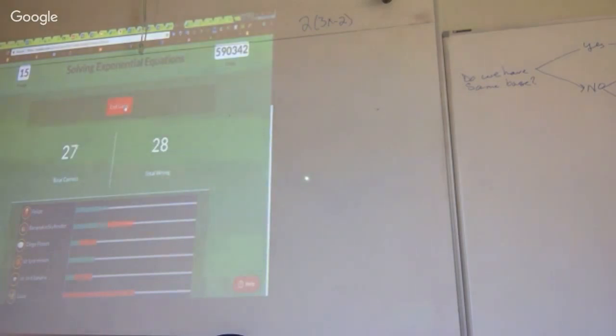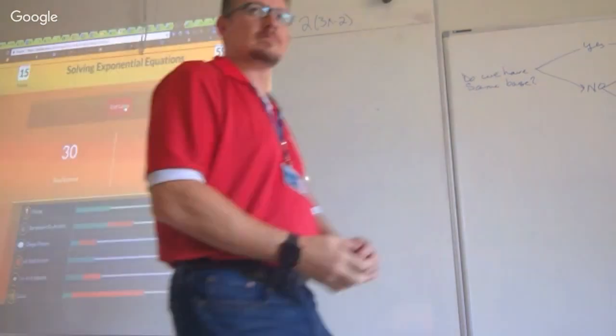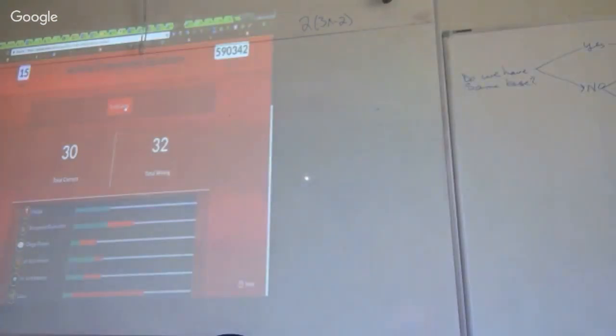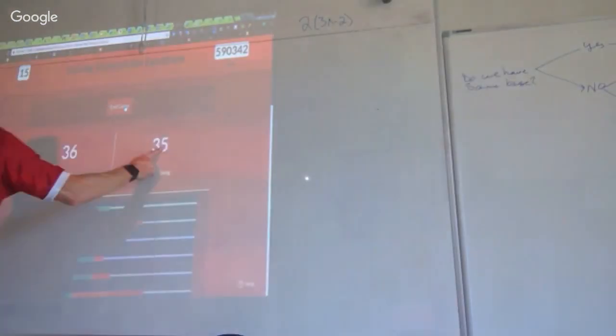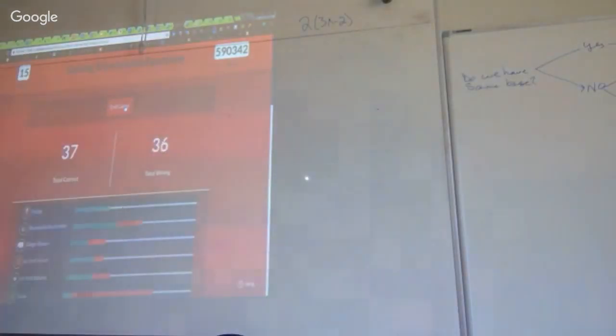Oh, I got one right. Yes, I got 3 in a row. Thank you. Let's go. I'm 8 and I'm just 6. That's good. We're better correct than we are.